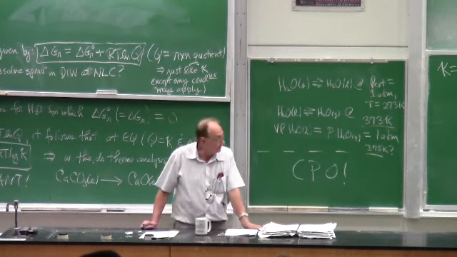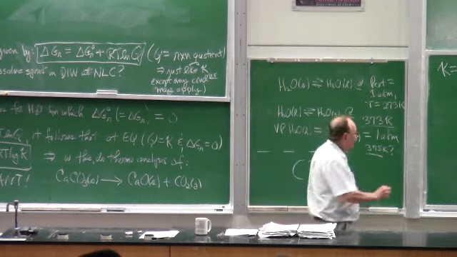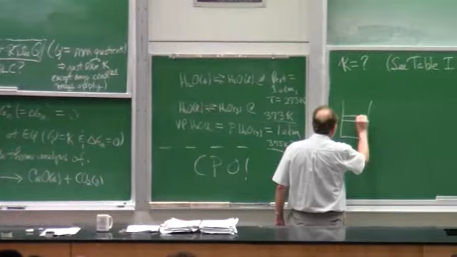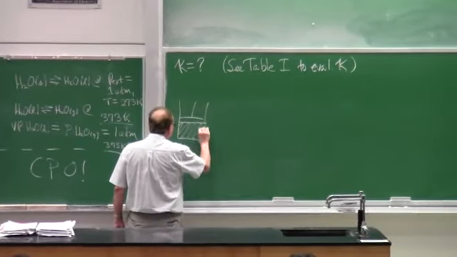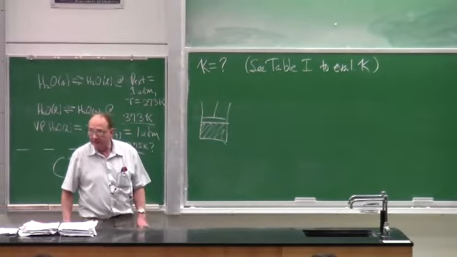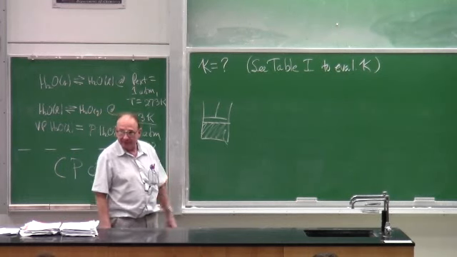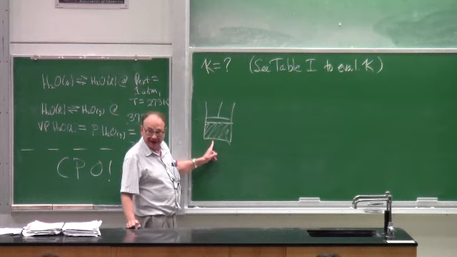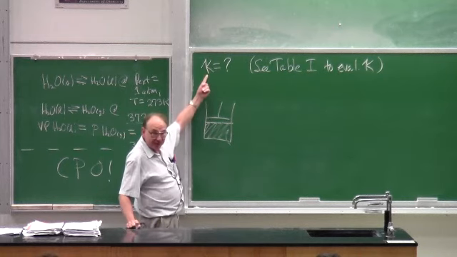You can make this system. Just take a piston cylinder gadget. Water liquid. Nothing but. And now heat it up. What's going to happen? It's going to evaporate, isn't it? And the piston's going to go up.